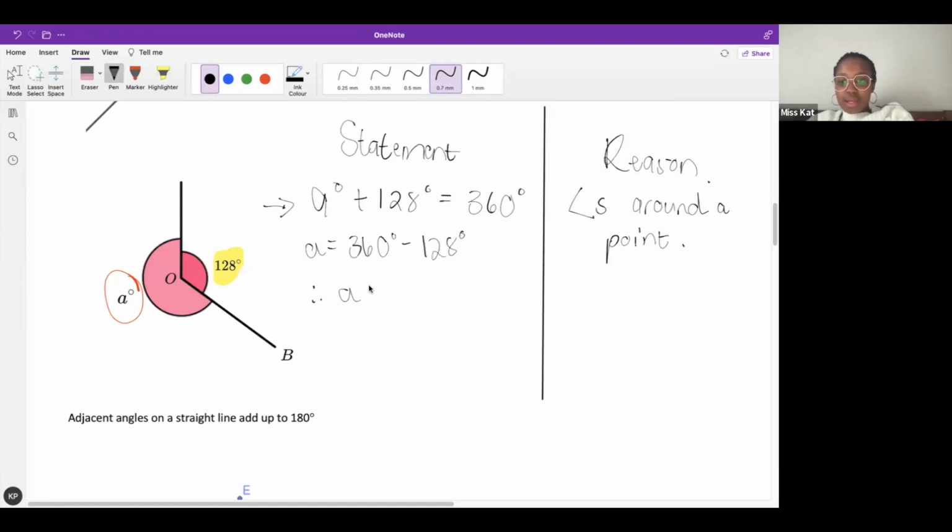Therefore, A is 232 degrees. Yes, you can say that, Duane. Or maybe I should write in brackets, you could also say it's a revolution. I just forget because I barely use it. You can say that your reason is it's a revolution.